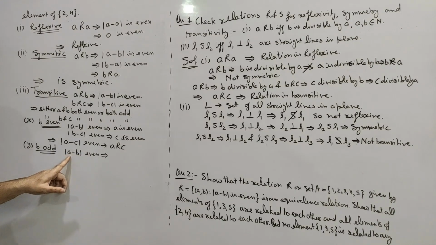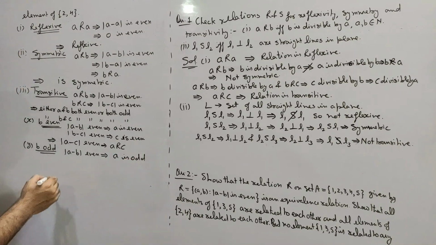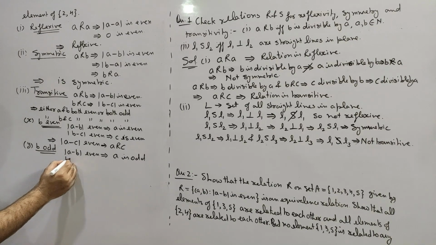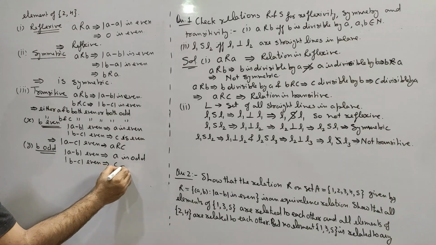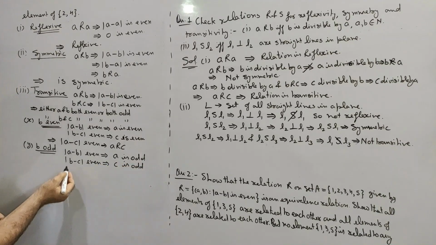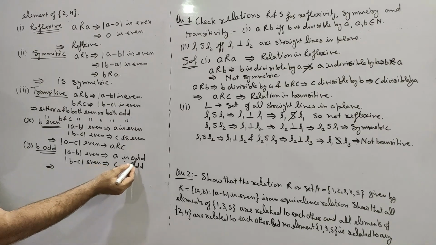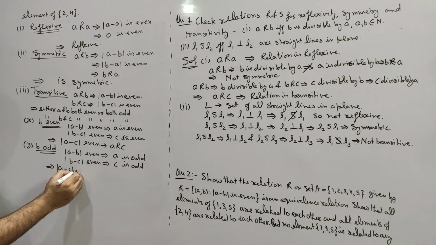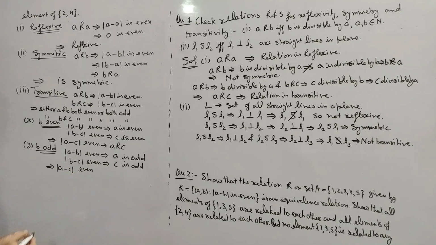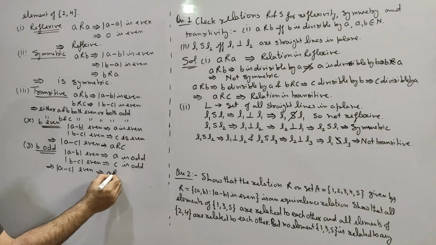A is odd, and modulus of B minus C even implies C is odd, because B being odd, B minus C will be even only if C is odd. And A odd, C odd implies modulus of A minus C will be even. And if modulus of A minus C is even, then it means A related to C.